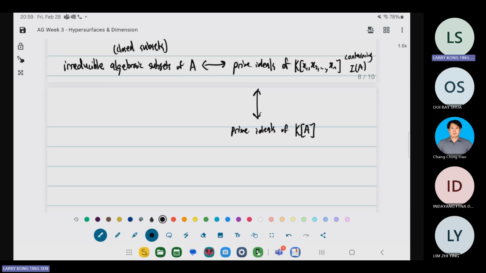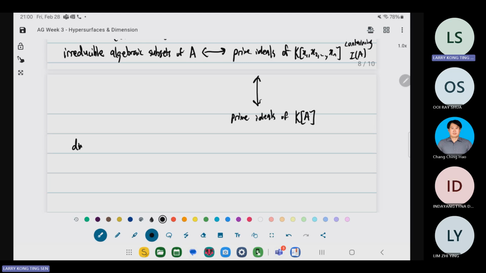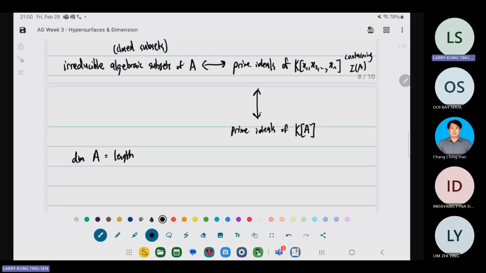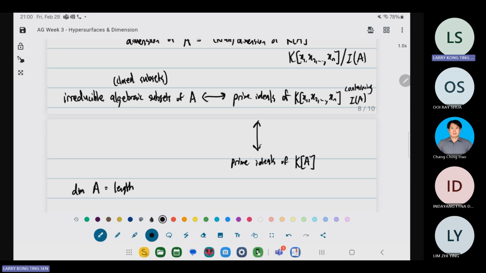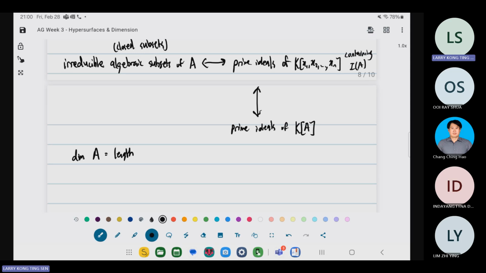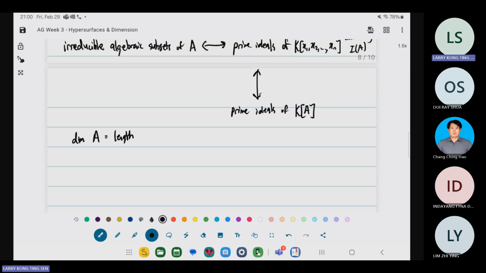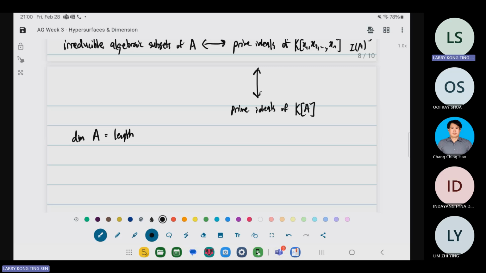So the base just says that the dimension of A is the length of the longest chain. It turns out that irreducible algebraic subsets of A correspond to the prime ideals of the polynomial ring containing the ideal of A, which correspond to the prime ideals of the coordinate ring of A, K[A].